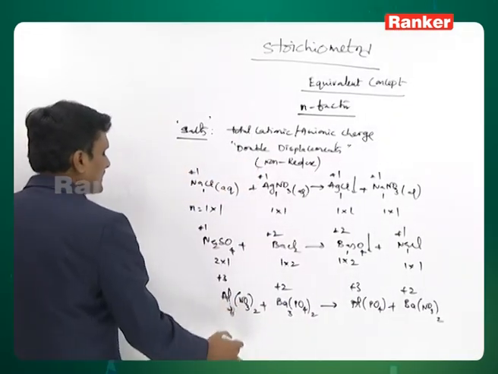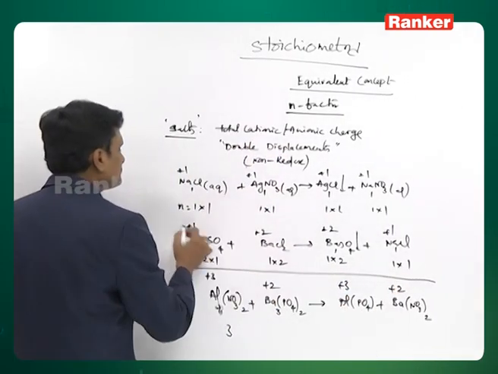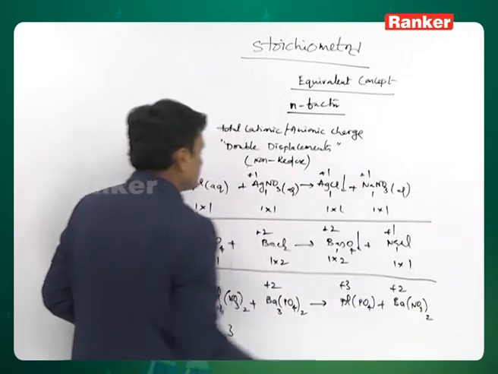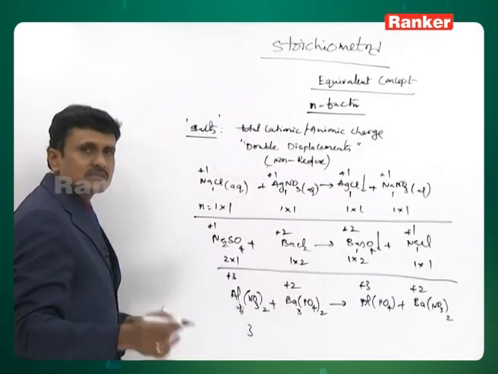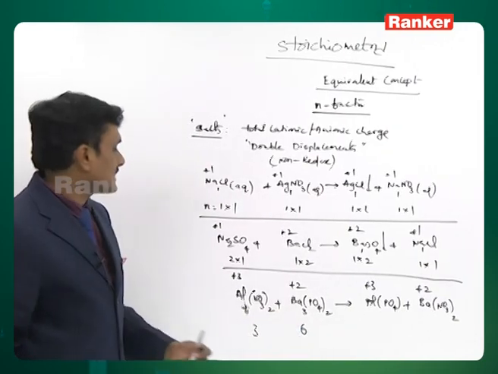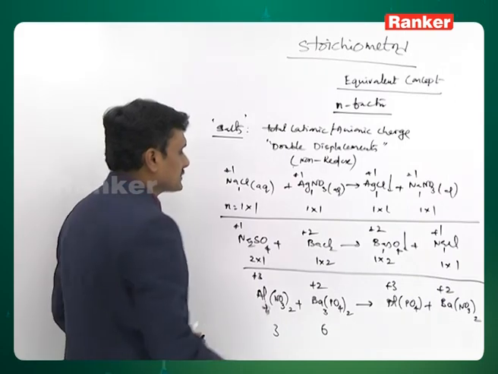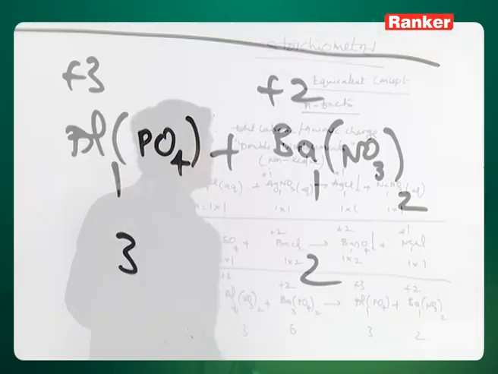Now, 1 aluminum is carrying 3 unit positive charge. You can see clearly that there is a distinction. Now, 3 barium each is carrying 2 unit charge, hence the total is going to be 6. So, the n factor of barium phosphate is 6. Likewise, it is 3, this is 2.